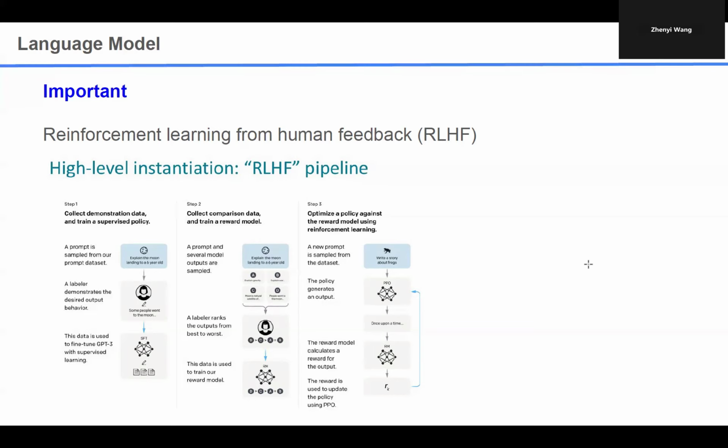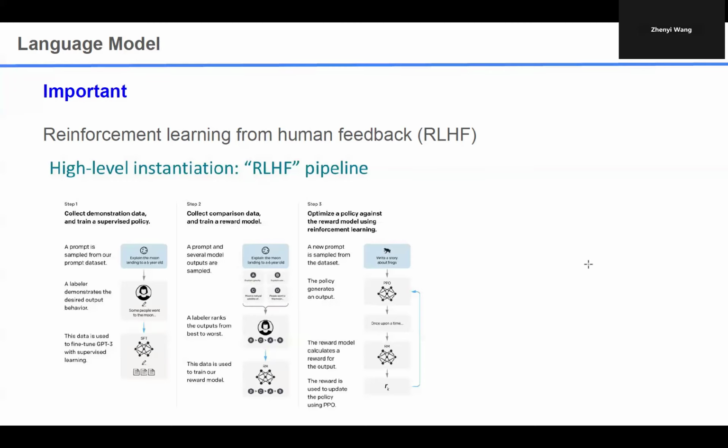There are three steps. This is important to remember. First, we use human written demonstration data to train a supervised policy. This is also called SFT.